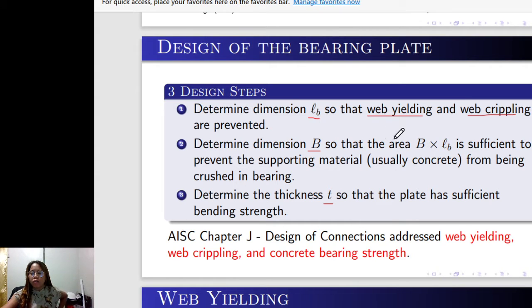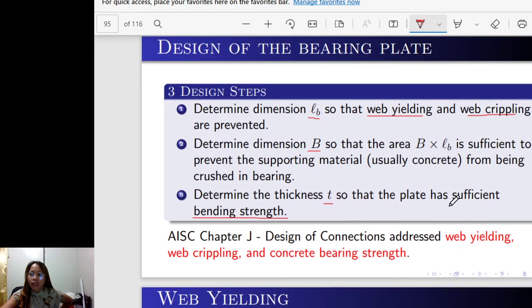Later on, we'll know what web yielding and web crippling are, and also get the value for B and the thickness to have sufficient bending strength. These are the steps for the design of the bearing plate.